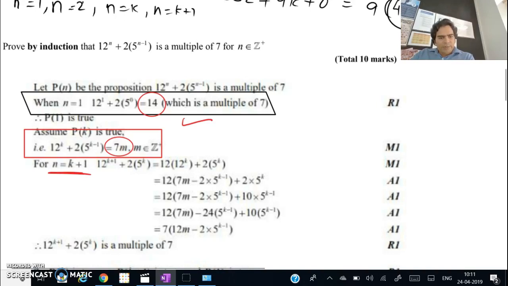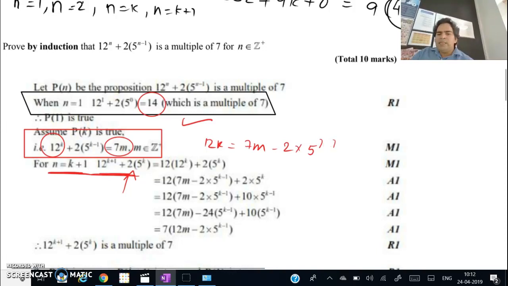When I take n equals k plus 1, my left hand side becomes 12 to the power k plus 1, plus 5 times 2 times 5 to the power k. Out here again we make the subject, 12 to the power k, which can be written as 7m minus 2 times 5 to the power k minus 1.